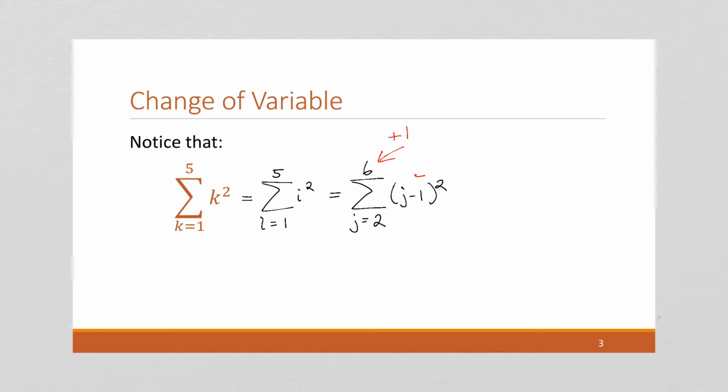And similarly, let's see if I can clean this up a little bit. Similarly, I could write this in other ways. Instead of going up 1 like we did here, we can go down 1. And if we go down 1 in both the bounds, we're going to have to go up 1.